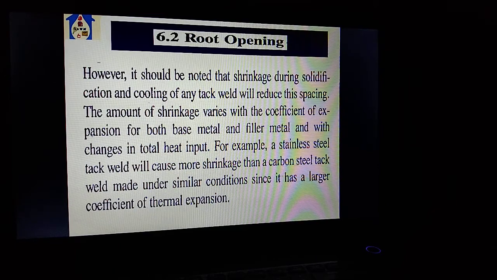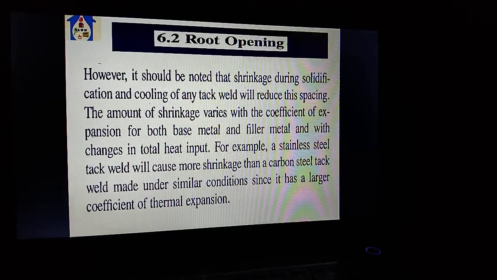For example, stainless steel tack welds cause more shrinkage than carbon steel weld metal under similar conditions, since it has a larger coefficient of thermal expansion.